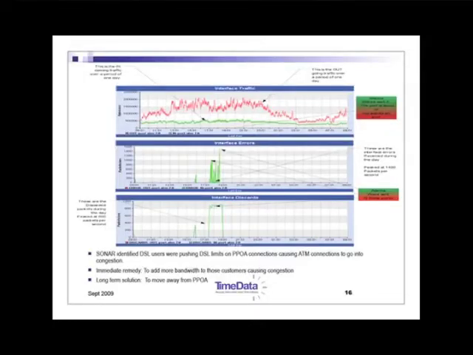And the problem was when certain users got on the network at certain times, the interface discards exceeded a very high level at that time, causing the ATM to throw away those packets. During that time, that correlated to when users would slow down and have poor access. How do we resolve that?